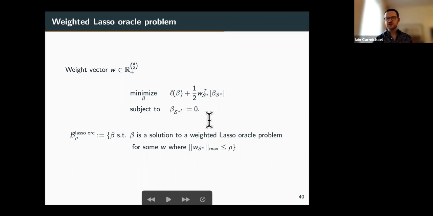This constraint is why I call it an oracle lasso. Then I'm going to define the set beta sub rho to be all the beta such that beta is a solution to some weighted lasso oracle problem where the weight vector is not too big, where not too big is measured by the sup norm of the lasso coefficient. So that's just some set in R to the D choose 2.